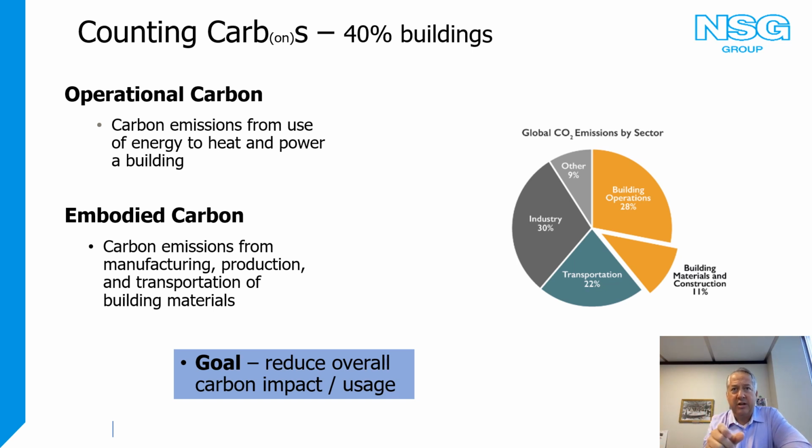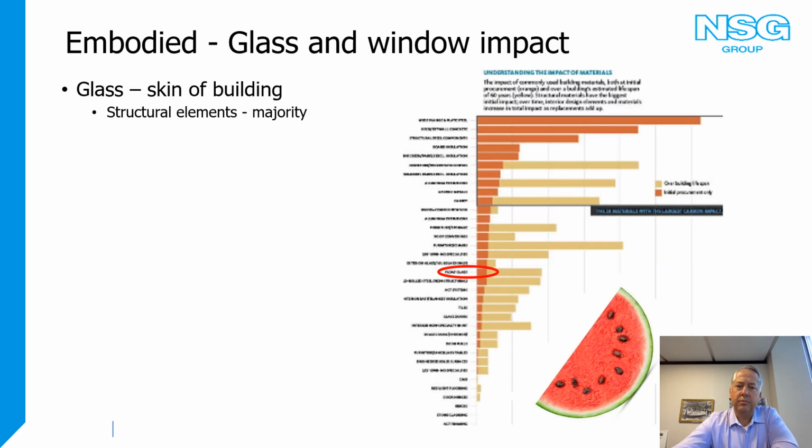Embodied carbon is how much energy it takes to melt the glass and then make the window units. How much energy does it take to make the steel and concrete and all the building materials? And also you then need to consider how much energy it takes to operate the buildings. So the historical focus has been on operational carbon, but really we need to focus on both operational carbon and embodied carbon and make sure that we're trying to do the right thing on both of these in order to reduce the overall energy consumption of buildings.